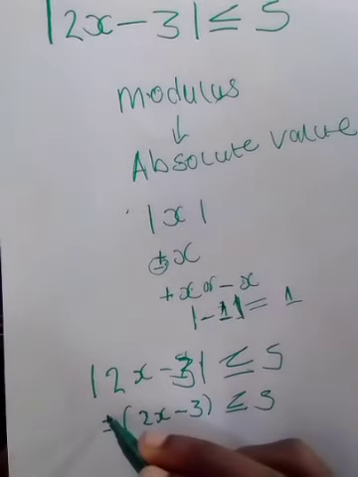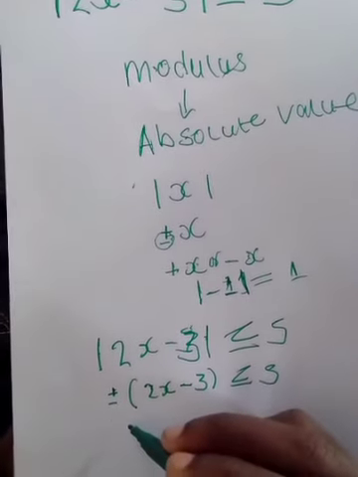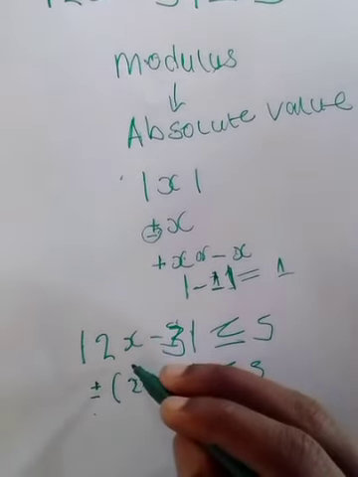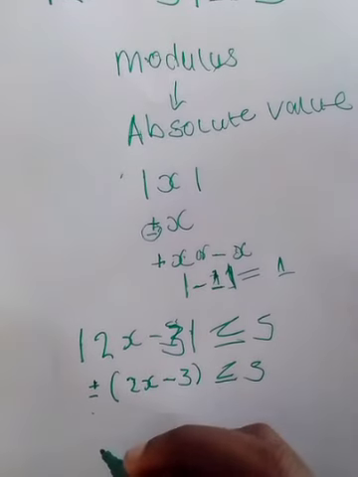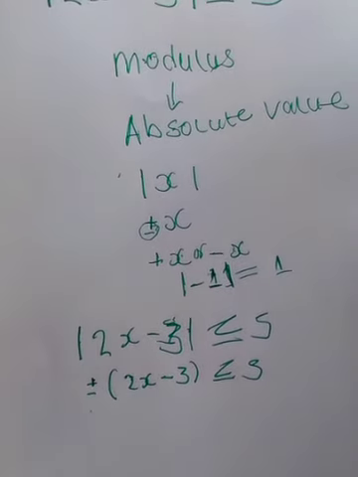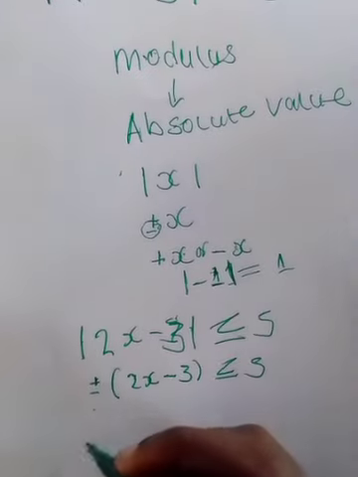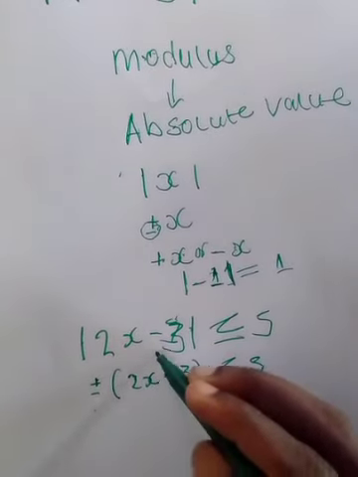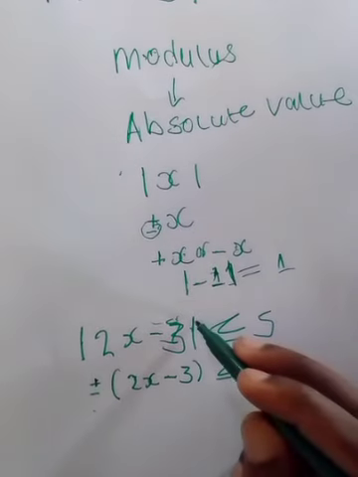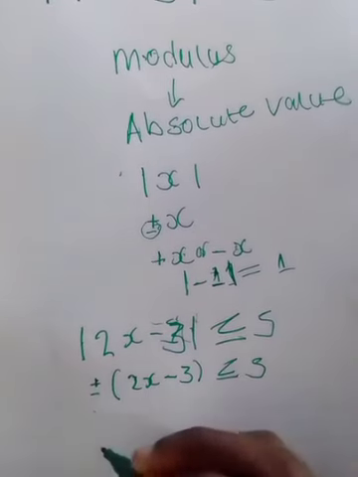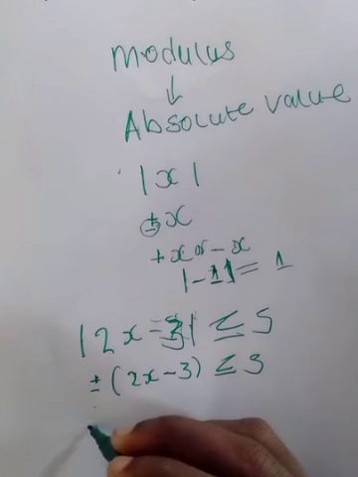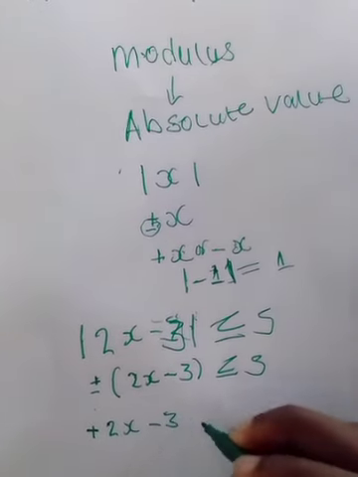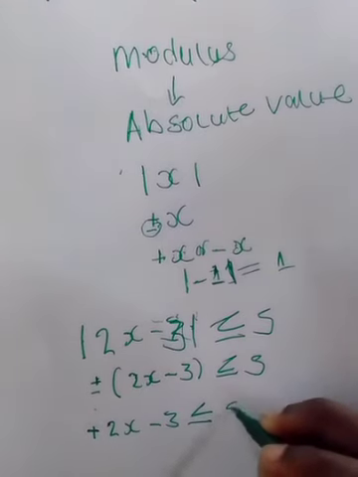Now, remember, I have plus or minus, so I can break this down into two equations. The first equation is exactly the same as what I have, I'm just getting rid of the modulus signs: 2x minus 3 less than or equal to 5.